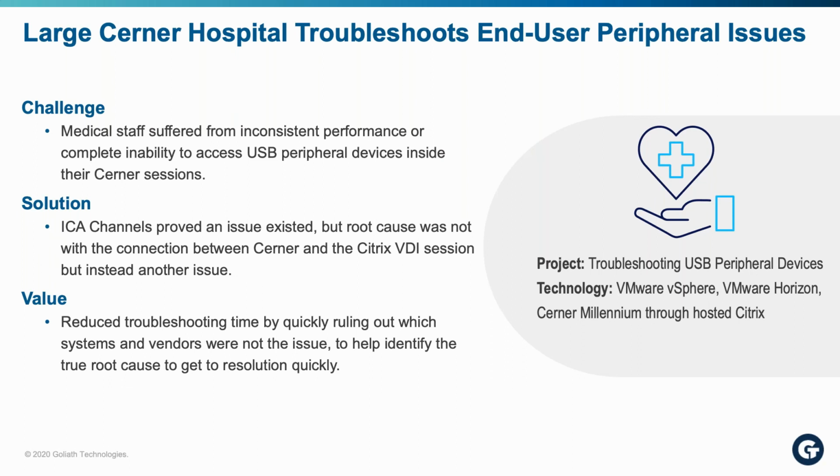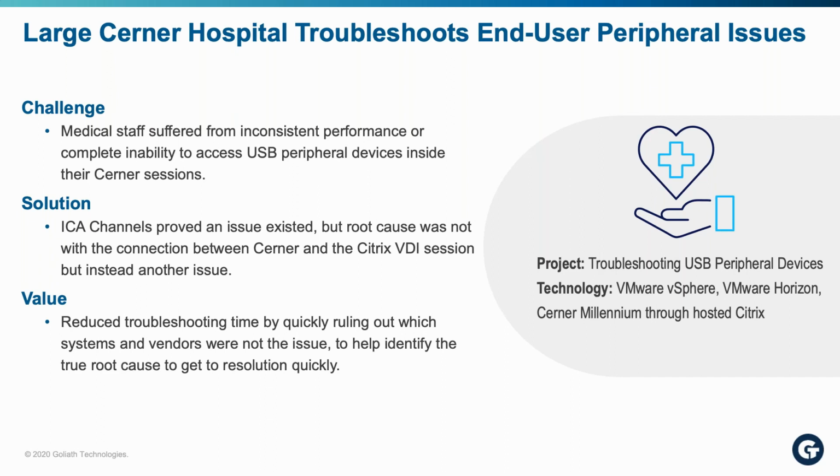Thanks, Stacy. So when they deployed the technology into the Citrix environment, which was supporting Cerner, right? Cerner is, as Stacy mentioned, a healthcare application that's delivered primarily via Citrix virtual apps.